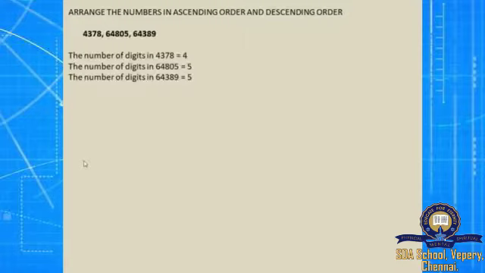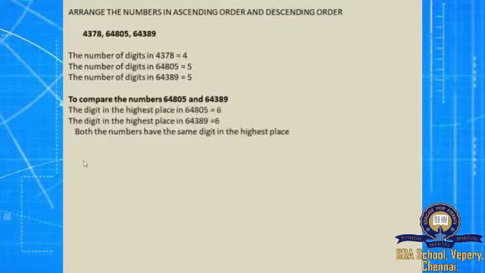So we have to go to the next step. To compare the numbers 64,805 and 64,389, the digit in the highest place in 64,805 is 6, and in 64,389 is also 6. Both the numbers have the same digit in the highest place.